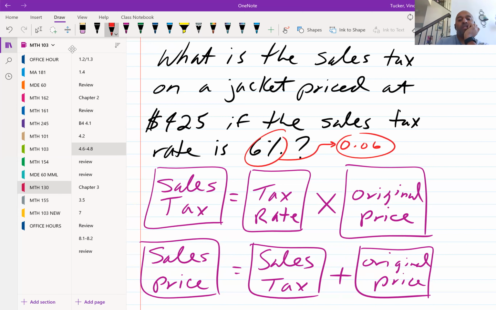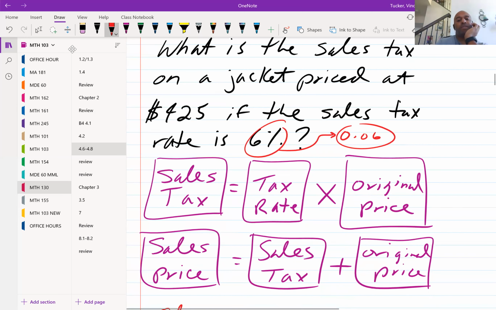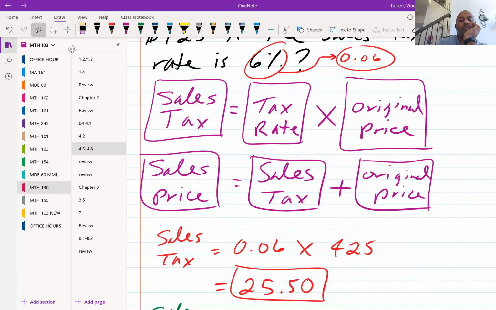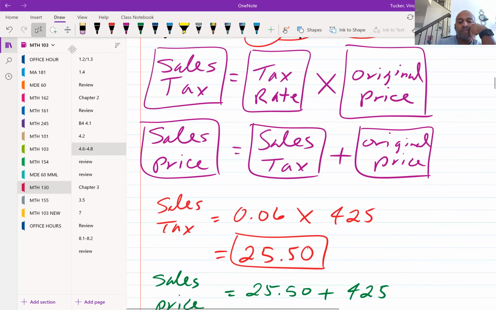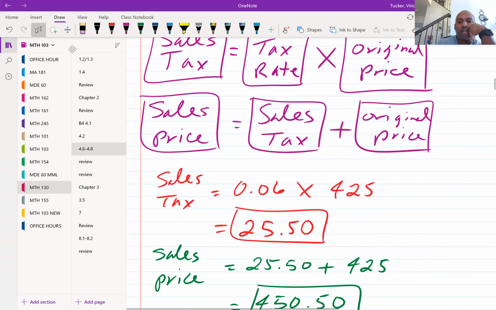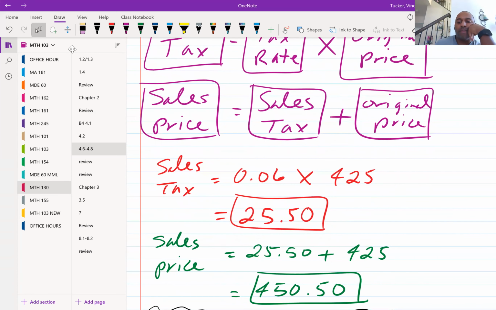All right, so let's go about doing this. To find the sales tax, 0.06 times 425 gives us $25.50. And then to find the sales price, we take that $25.50 and add it to the 425, which is $450.50. That'll be our sales price.